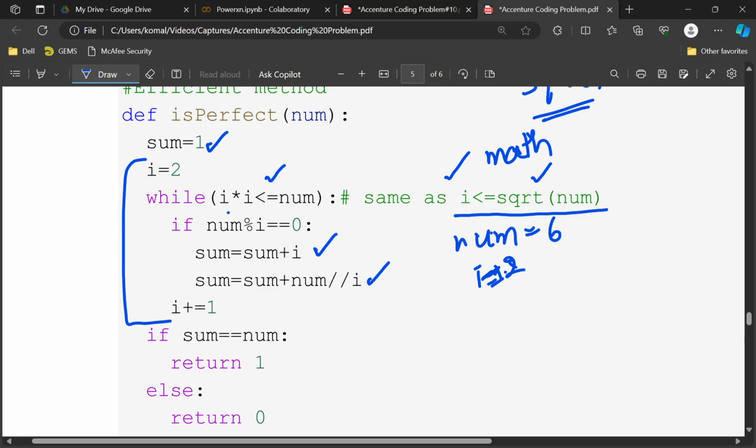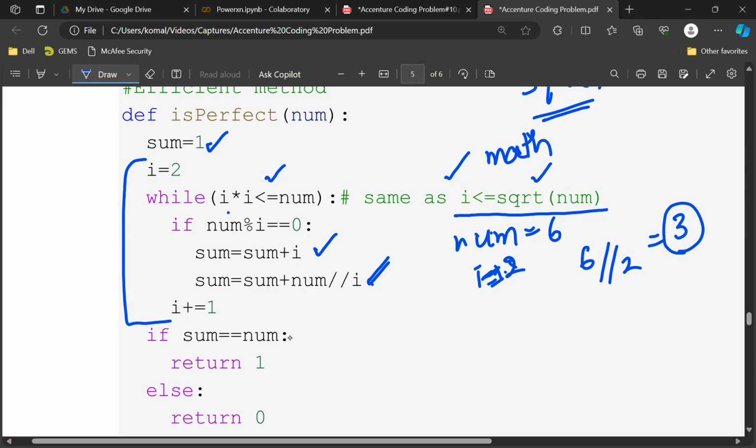How to take that 3 into account? Then I will be getting 6 divided by 2, which is 3. That's all. So this step is to catch these additional factors. Why? Because we are stopping so early and one factor may be missed.